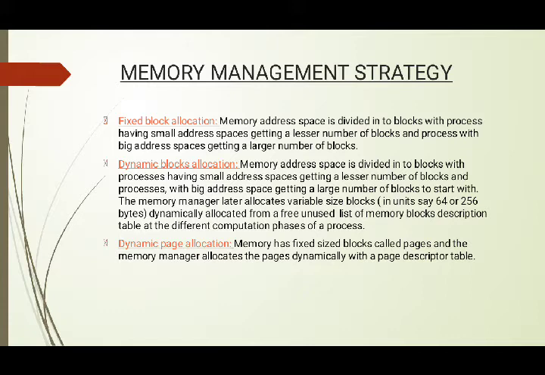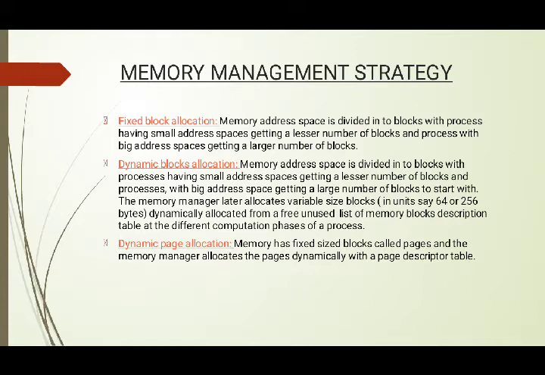Memory address space is divided into blocks, with a process having a small address space getting a lesser number of blocks, and a process with a big address space getting a large number of blocks. So, there should be a fixed block allocation.